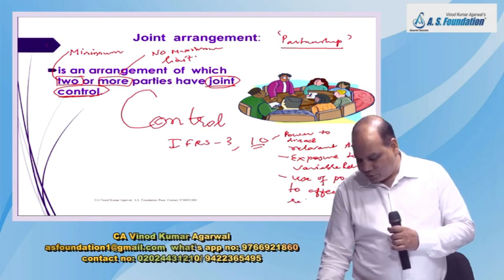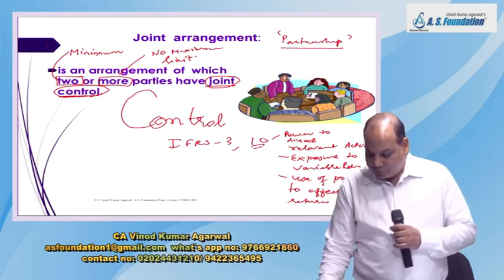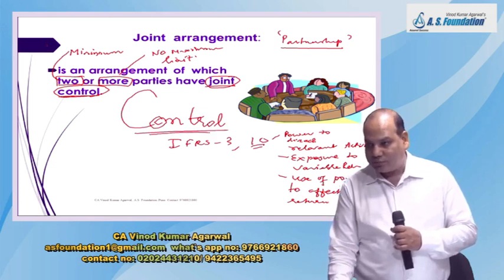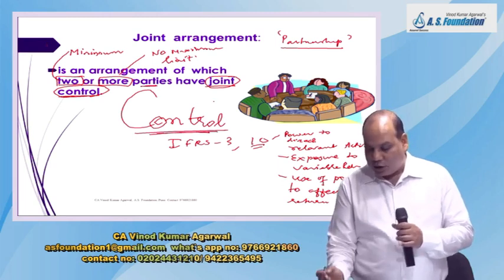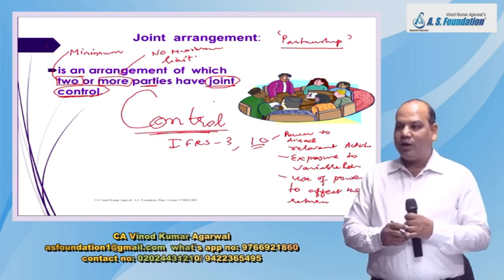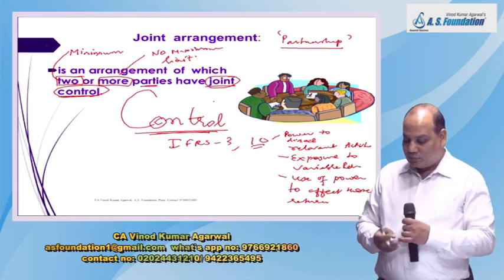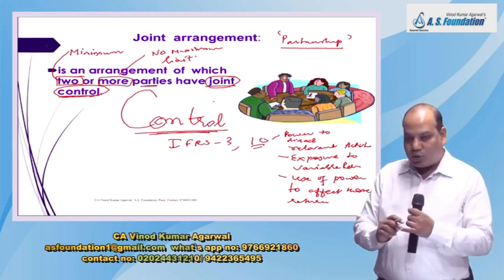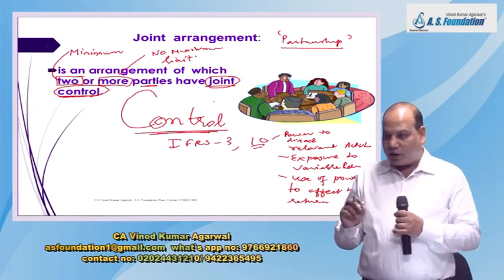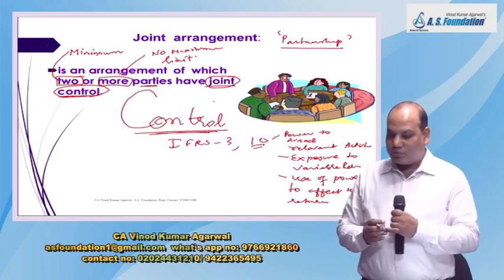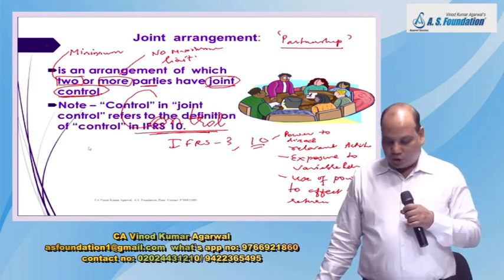Okay. So whenever in this chapter you have to apply the joint control test, first apply the control test. That means the party must have control, and then two or more parties together have control, and they should arrive at unanimous decisions. Then such an arrangement will be called a joint arrangement.